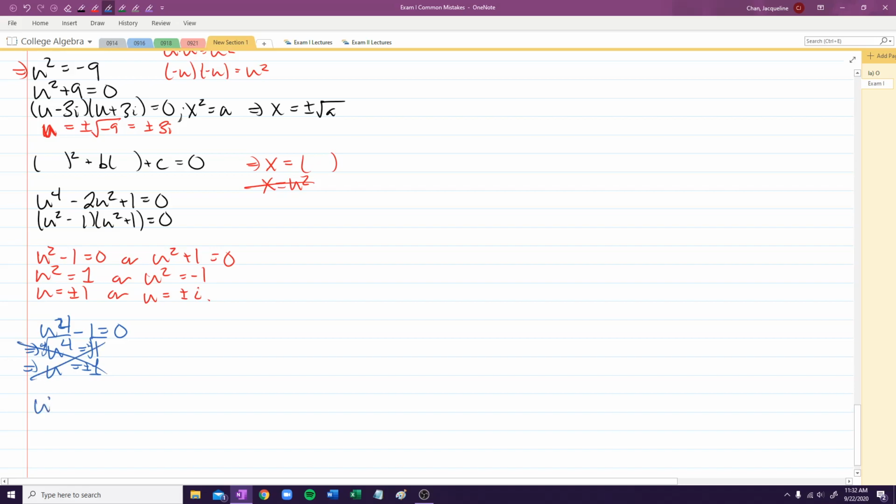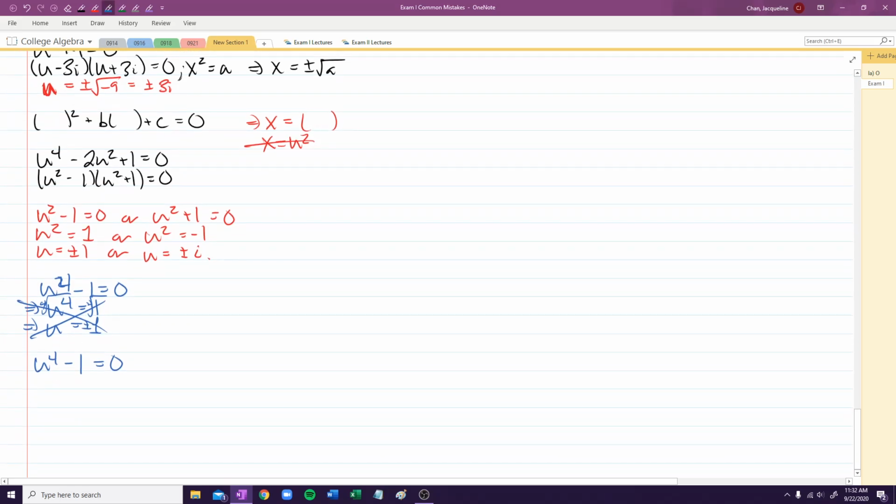Okay, so we can't apply this. So when you see u to the fourth minus 1 is equal to 0, what you're going to do is you have to factor this. Again, this is a difference of squares. This is u squared minus 1, u squared plus 1 is equal to 0. And I already solved that for you. As you can see, you'll get u is equal to plus or minus 1, or u is equal to plus or minus i. Okay, so those of you who did this, you're partially right. You still have that plus or minus 1.